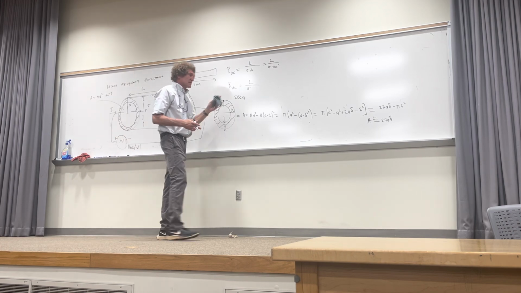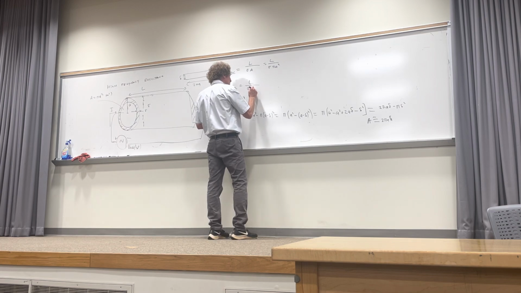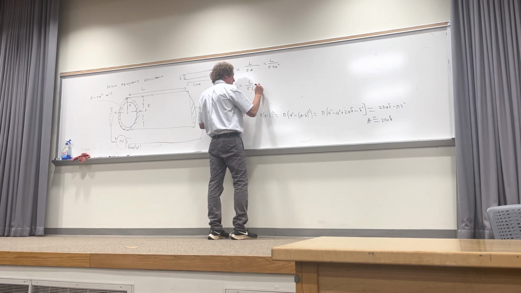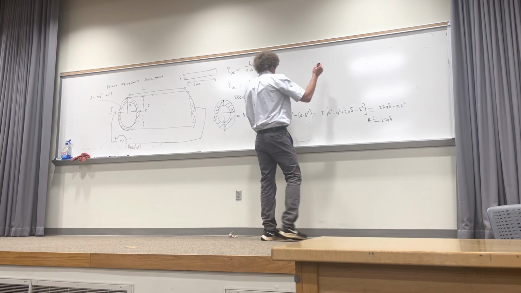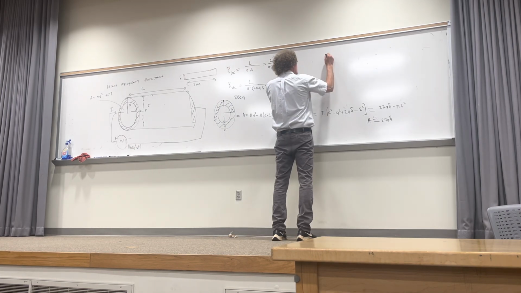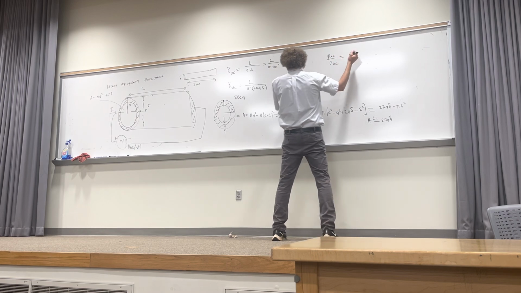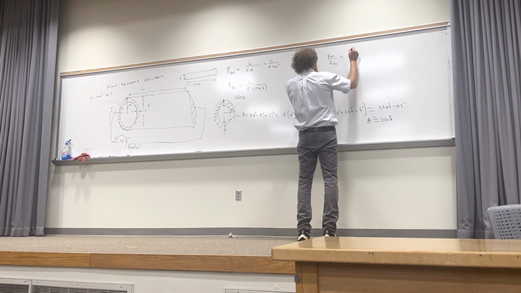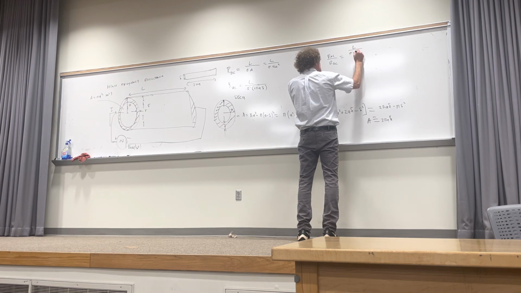So that means this is really going to be divided by 2 pi A times the skin depth. And therefore, you can look at the ratio of R_AC over R_DC, and you can see for DC resistance, I have L over sigma times pi A squared.